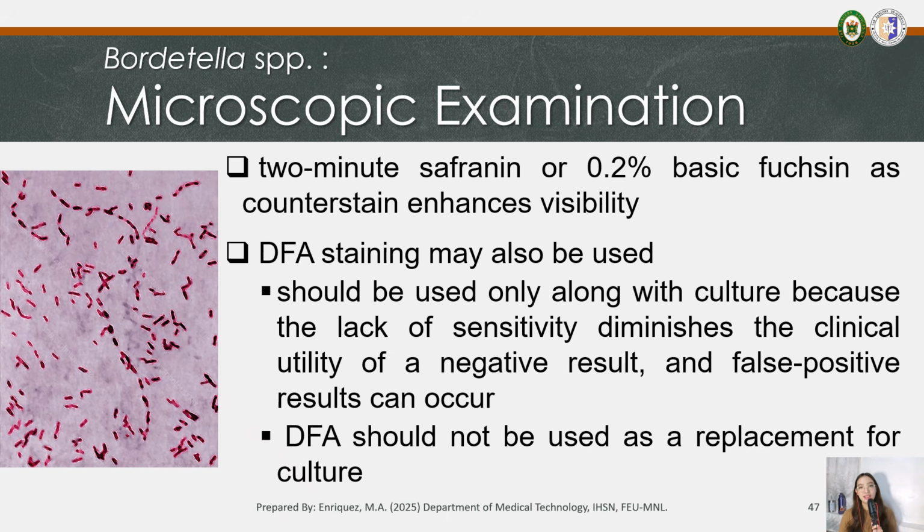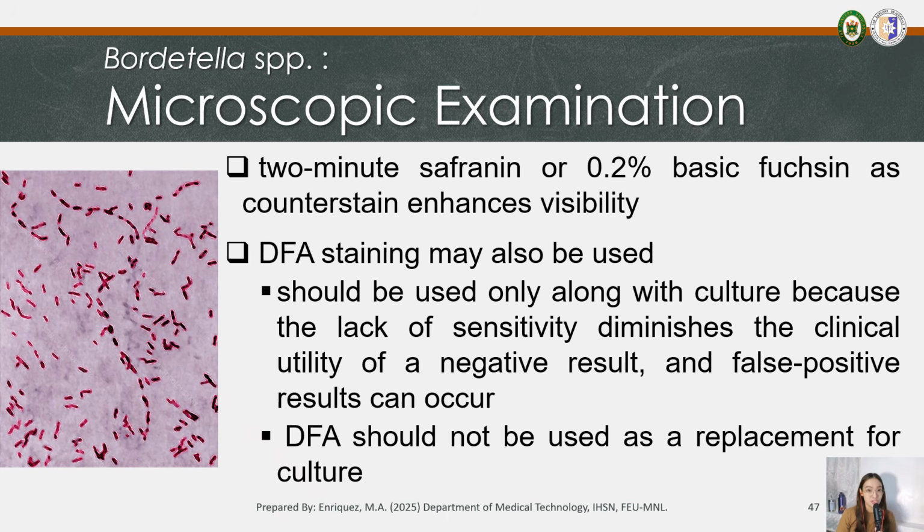And for gram staining, extending the time of contact with safranin for up to 2 minutes or using 0.2% basic fuchsin may be used as a counter stain to enhance the visibility of the organism. Direct fluorescent antibody method may also be used but should not be considered as a replacement for bacterial culture.